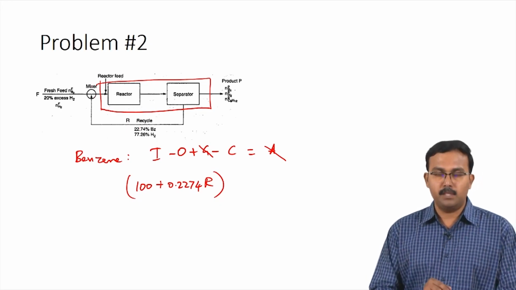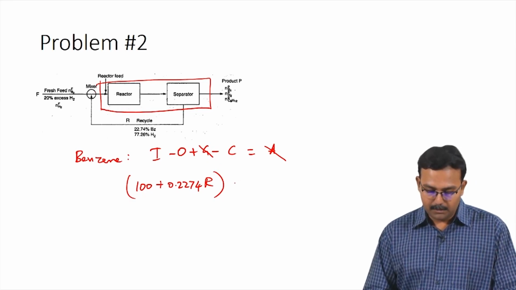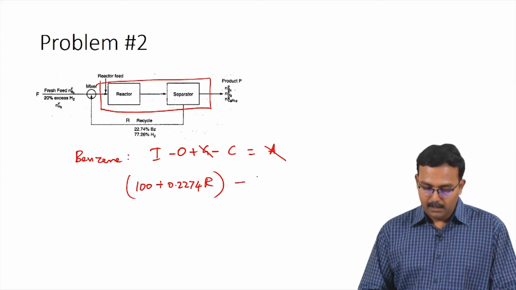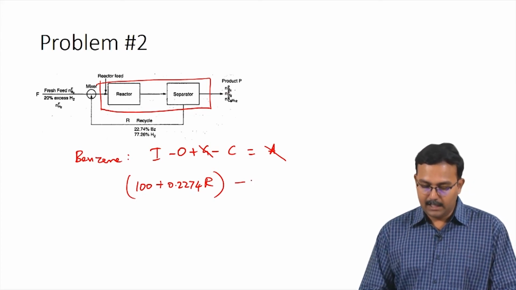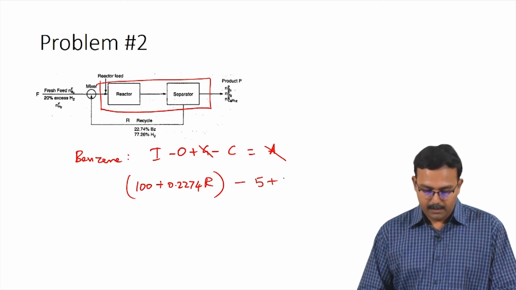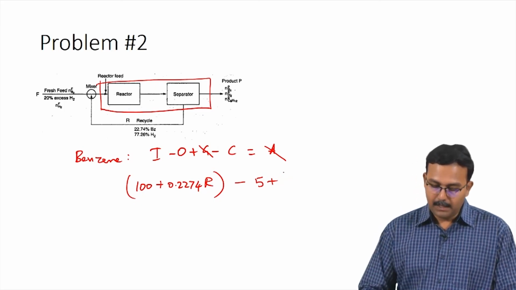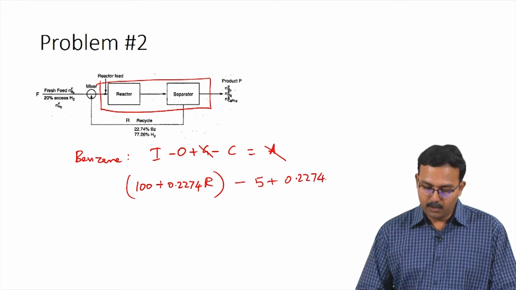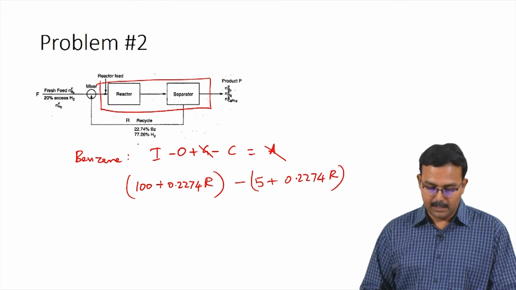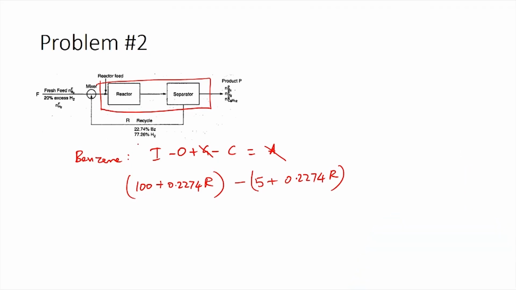This together forms the amount of benzene in the gross feed, and this minus the amount of benzene leaving the system would be the benzene which is unreacted leaving through the product, which is 5 moles plus 0.2274 times R, which is the benzene leaving the system through the recycle stream, and the amount of benzene consumed would be based on the single pass conversion.